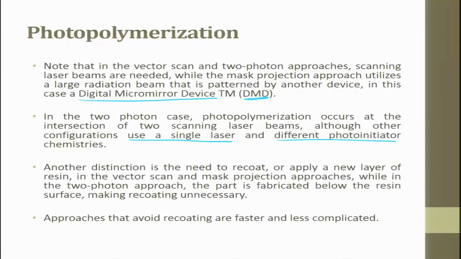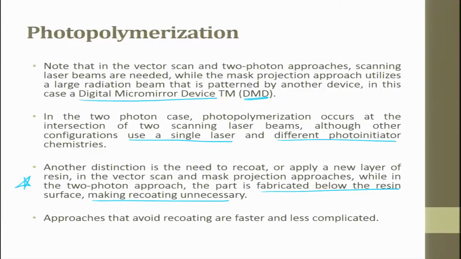Another distinction is the need to recoat or apply a new layer of resin in the vector scan and mask projection approach, while in the two photon approach the part is fabricated below the resin surface, making recoating unnecessary. This is a very valid and important point, which distinguishes it from vector and mask projection techniques.